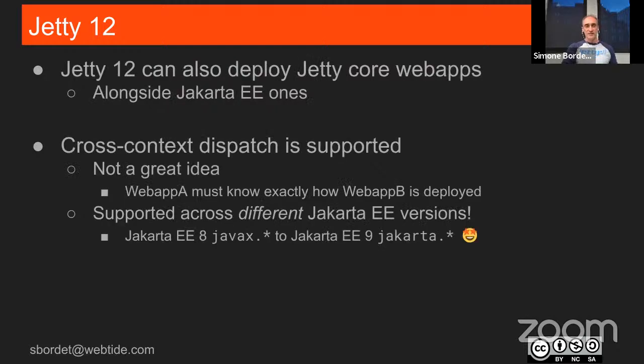We also support cross-context dispatch. I don't know if you're familiar with this, but with this Jakarta API, you could say, I am inside one web application, okay? And typically the developer does not know on what context this web application is deployed, for example /foo or /bar. Because typically when you write the application, the only URI part that you're interested in is whatever is after the context path.